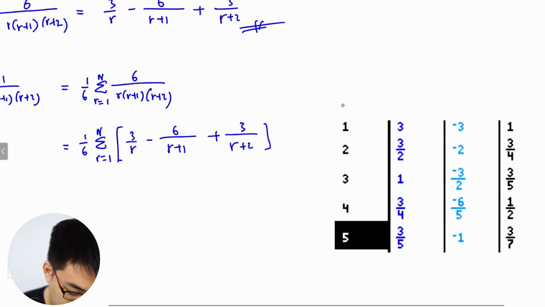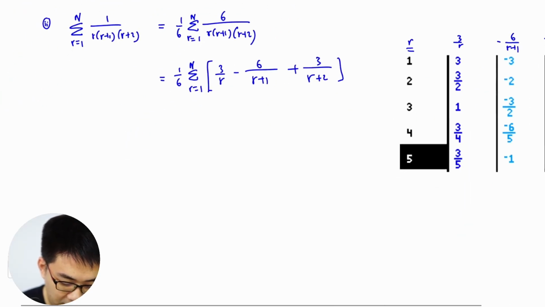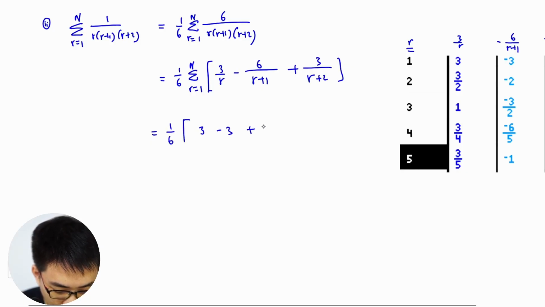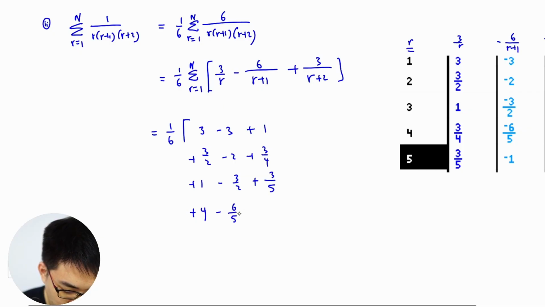This is our R. Okay, list everything down, over 6. 3 minus 3 plus 1 plus 3 over 2 minus 2 plus 3 over 4 plus 1 minus 3 over 2 plus 3 over 5 plus 4 plus minus 6 over 5 plus half, and so on.